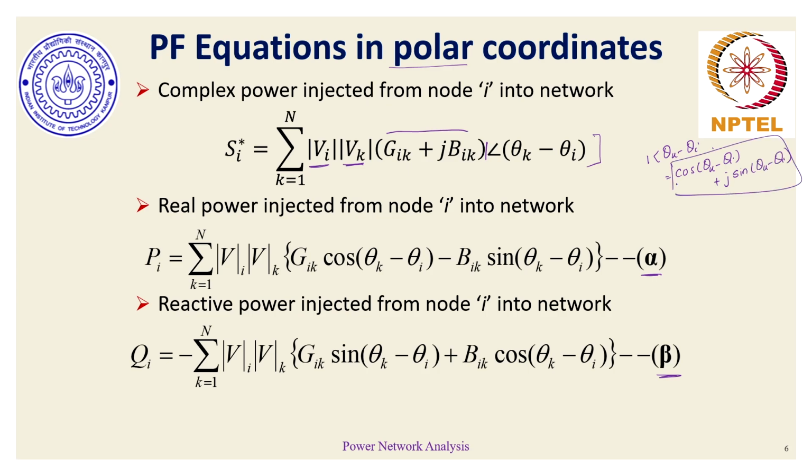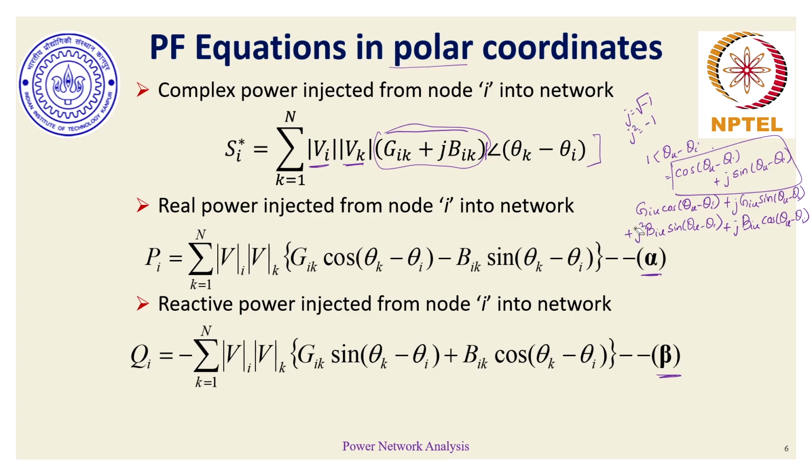When this gets multiplied with this entire complex number, it gives us g_ik cos(theta_k minus theta_i) plus j g_ik sin(theta_k minus theta_i) plus j b_ik cos(theta_k minus theta_i) plus j square b_ik sin(theta_k minus theta_i). Remember, j was the square root of minus 1, so j square is minus 1.